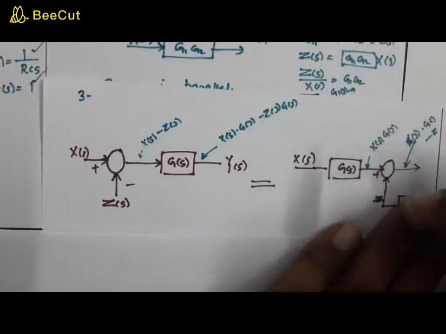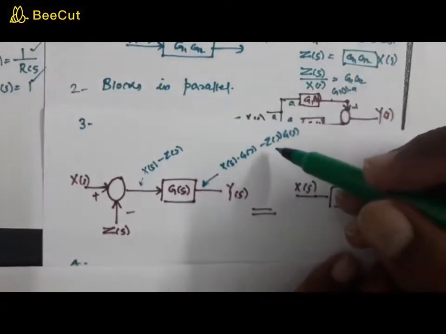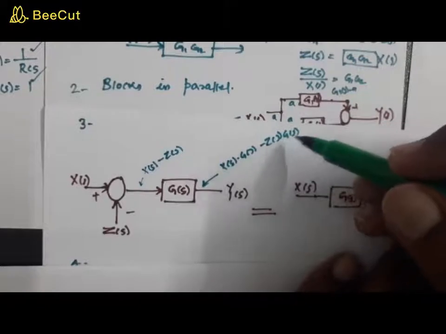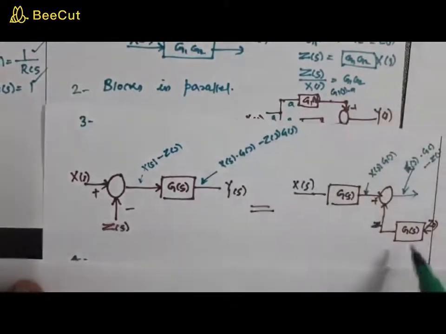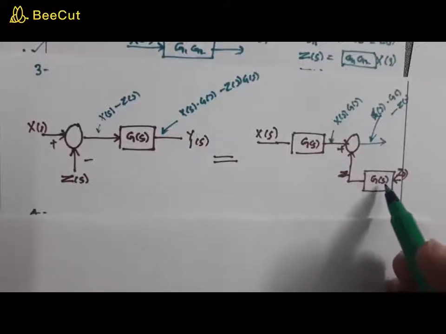If there is no block here, it would have been minus Z of S, which is not the output shown in the first figure. So if it needs to be Z of S into G of S, this Z of S has to be separately multiplied by another G of S.